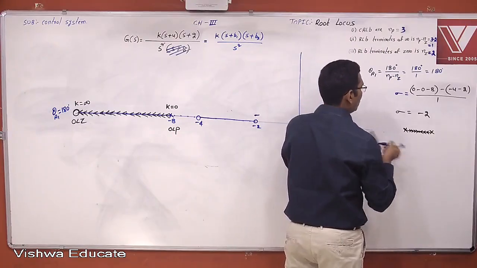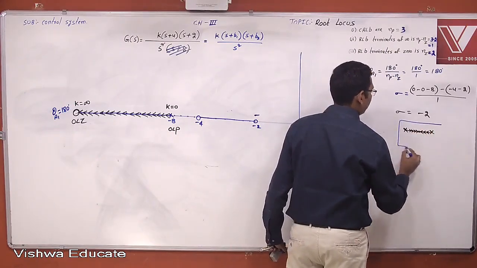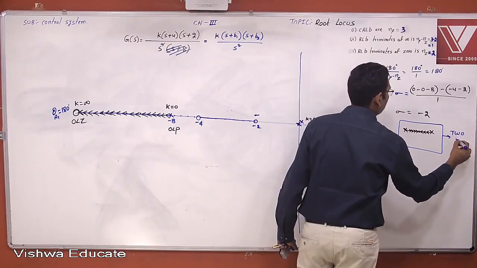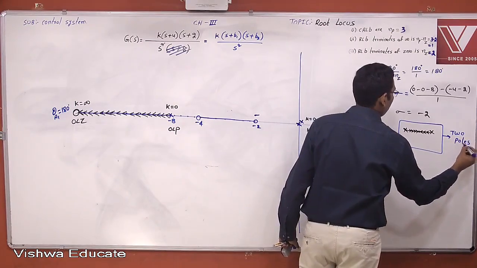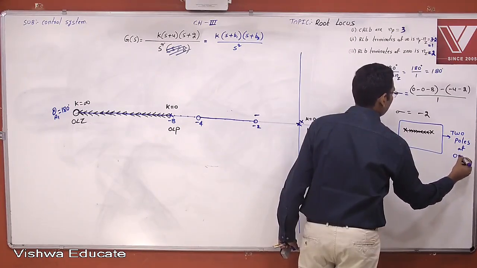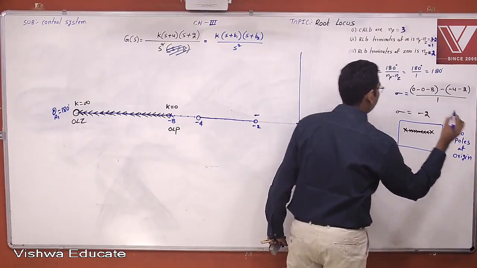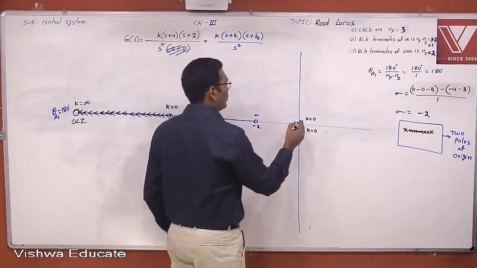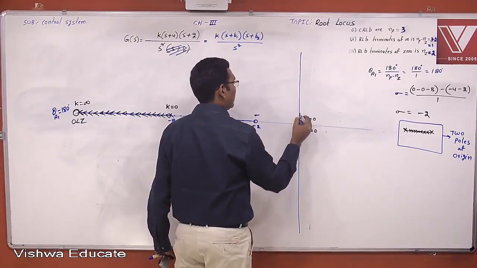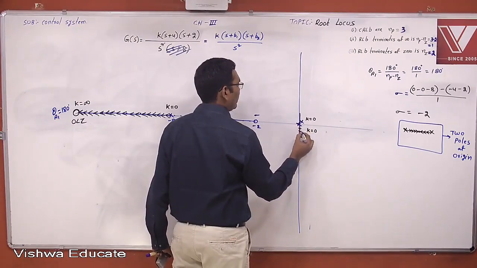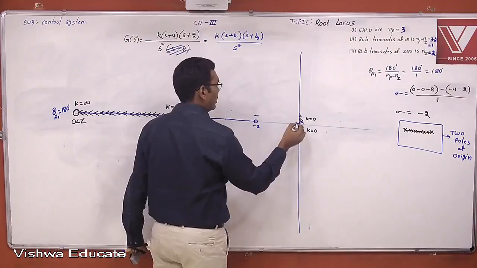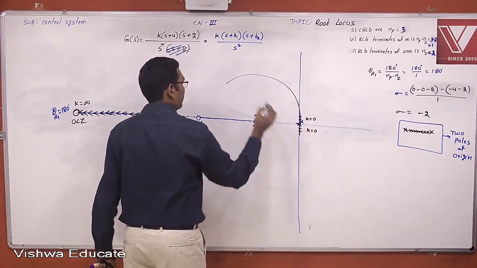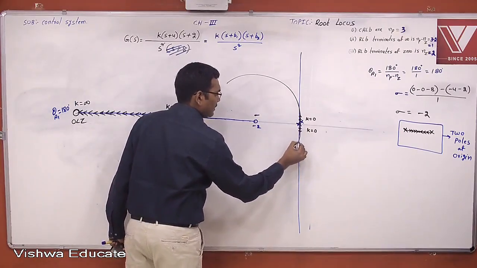This is the two poles at origin. Now see here, as k is changing, closed loop pole is moving, and it will take a shape of a circle with radius.